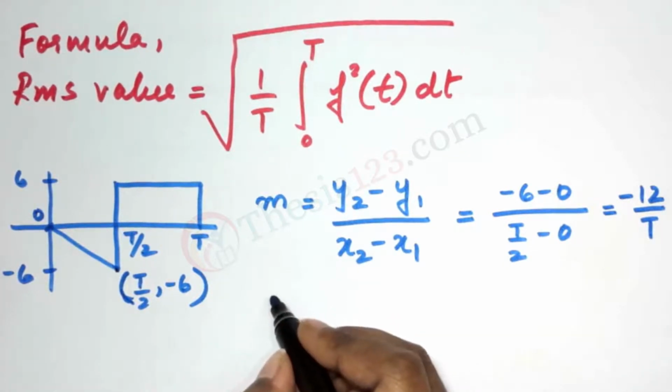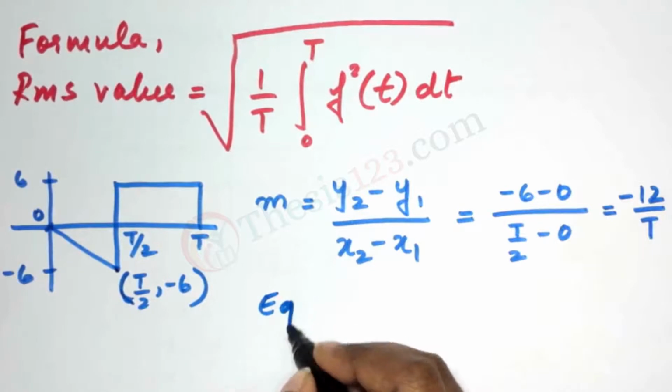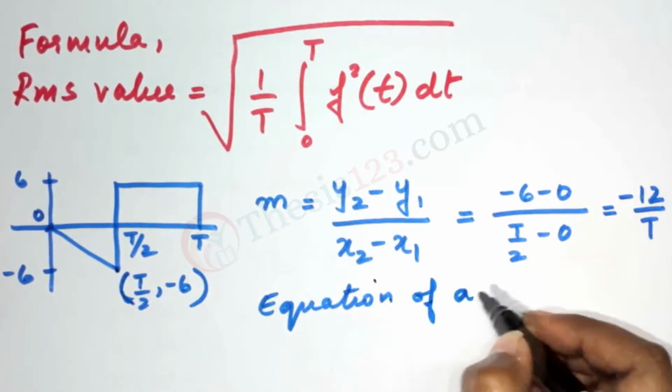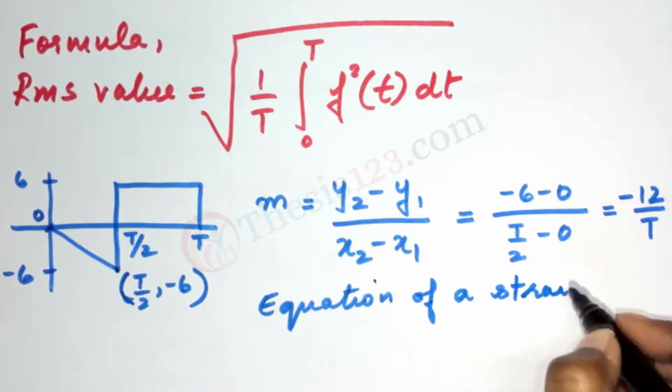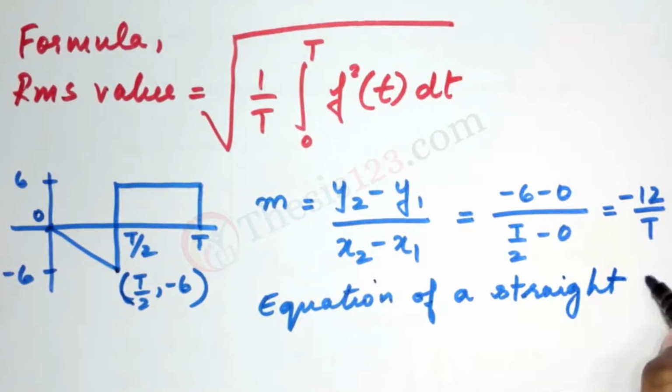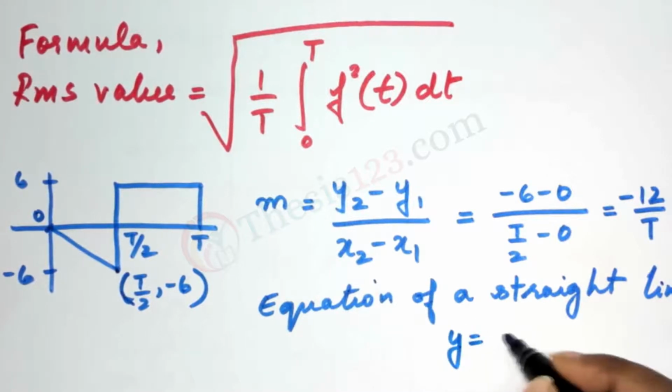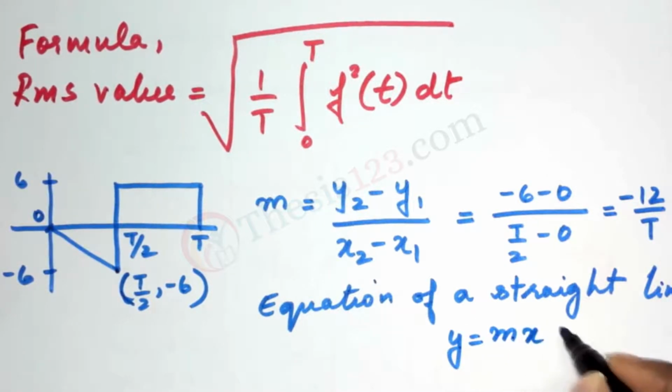Now what is the equation of a straight line? The equation of a straight line is given by y is equal to mx plus b or c.